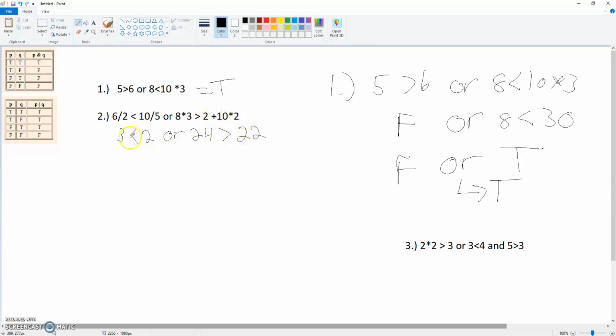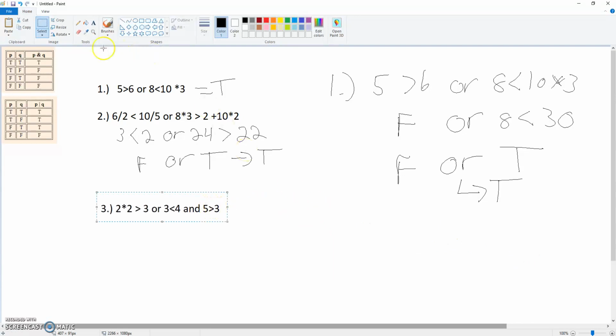So 3 less than 2? No, 3 is not less than 2. That's false. Or, is 24 greater than 22? Yes. So let's look at our truth table. False or true is true. Okay? Very good.